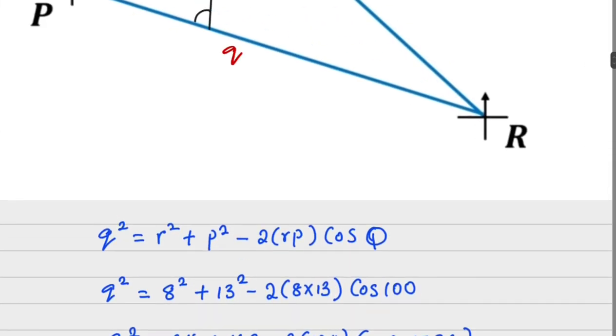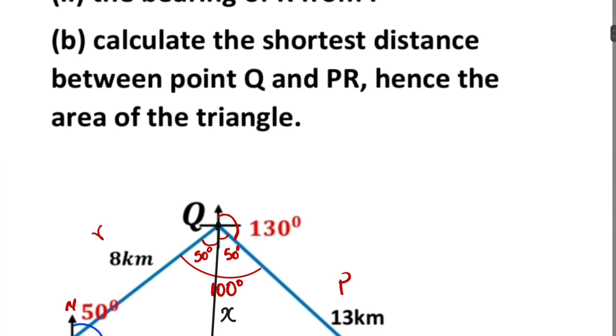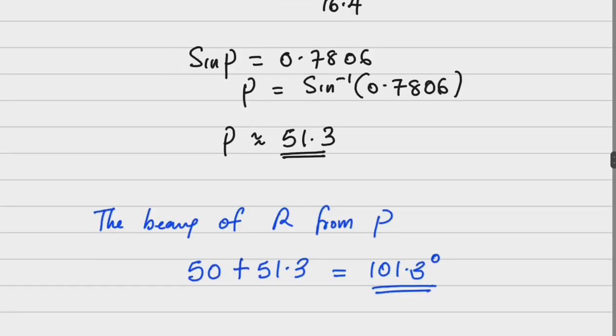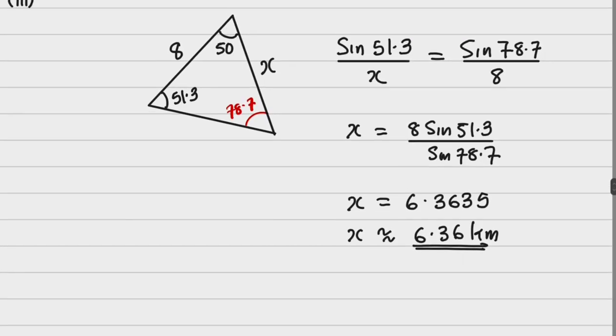It says, and hence we should find the area of the triangle. That is this particular triangle that we see. Now, to find the area of this triangle, we are going to make use of the formula where we are going to have two sides and a given angle. Now, in this case, we have x to be 6.36, all right?